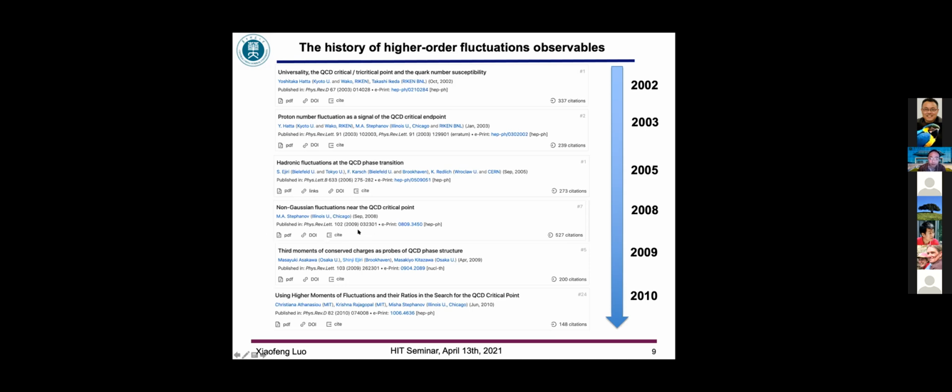Then in 2008, after the INT workshop, Misha wrote a paper about non-Gaussian fluctuations near the QCD critical point. I think this is the first paper that described how higher moments measurement could be done in the beam energy scan as an experimental observable.